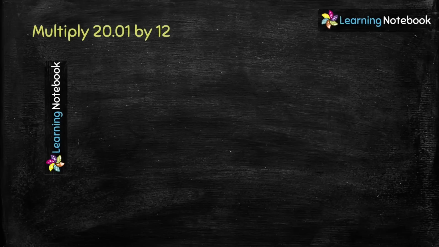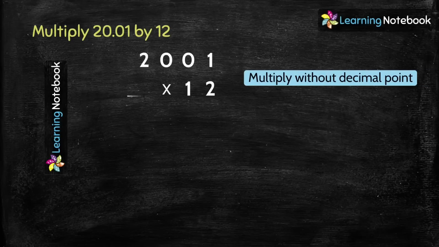Let's do one more question. Multiply 20.01 by 12. So first we will multiply these two numbers without the decimal point.